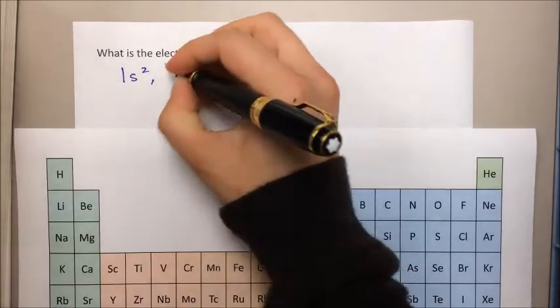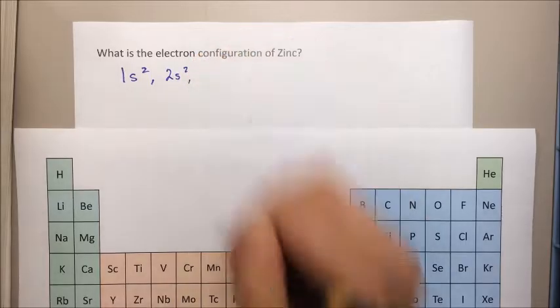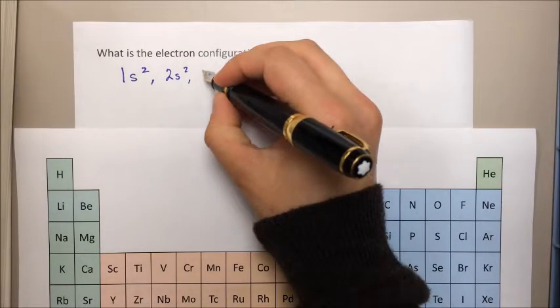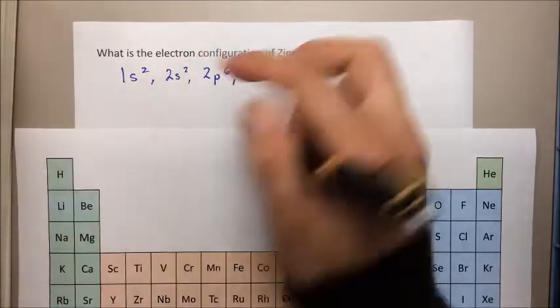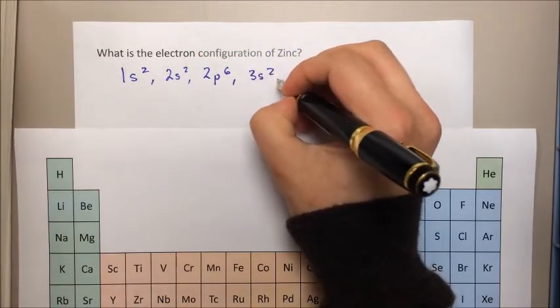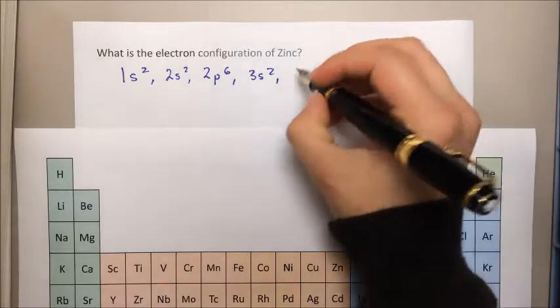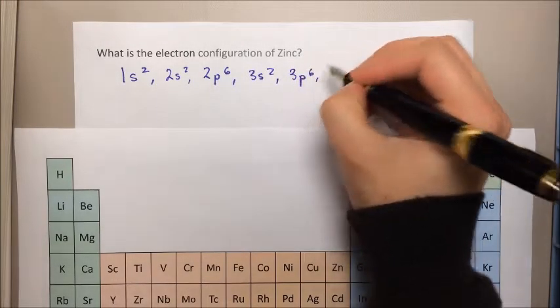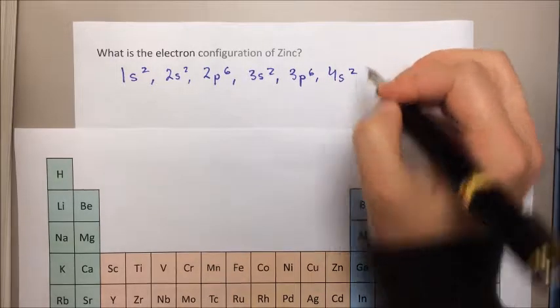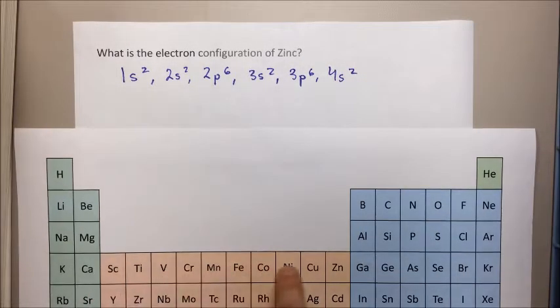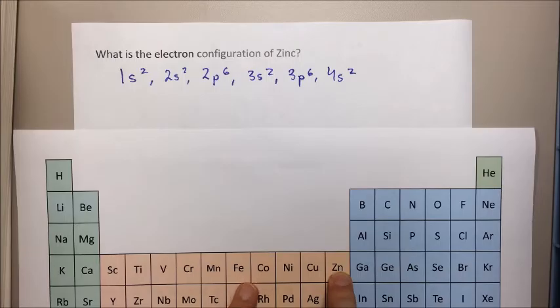Then we've got the 2s orbital, 2s2, the 2p orbital, 2p6, 3s orbital, 3s2, then the 3p orbital, 3p6, 4s orbital, 4s2, and then we count our way all the way across the 3d orbital to zinc. So that's going to be 3d10.